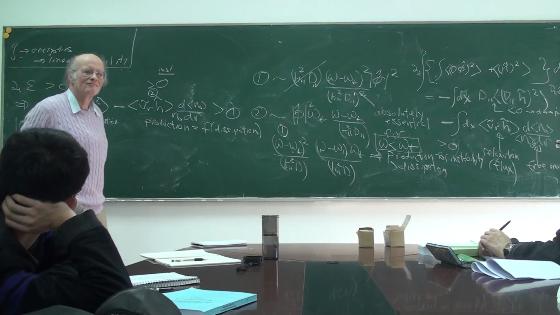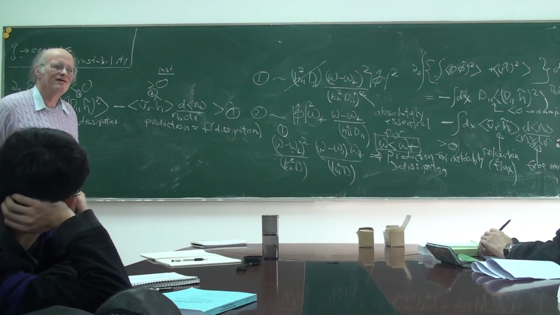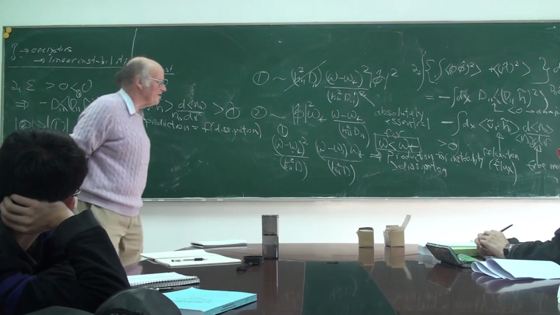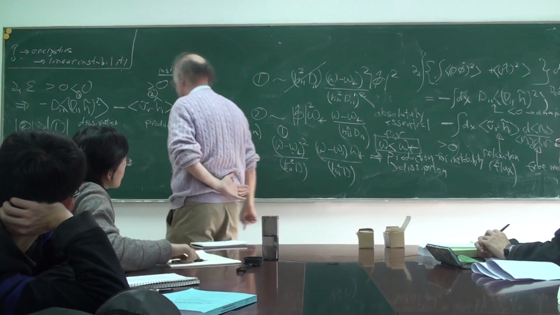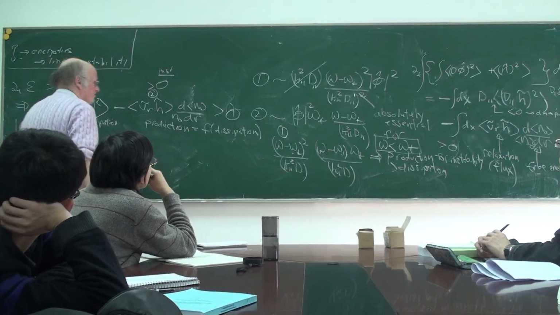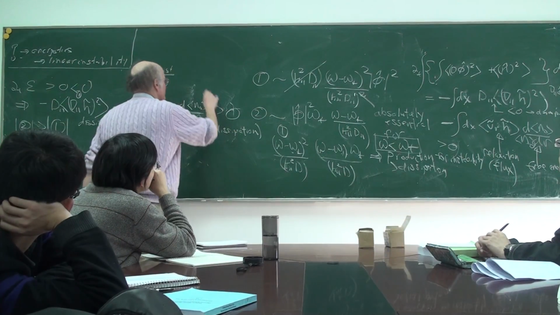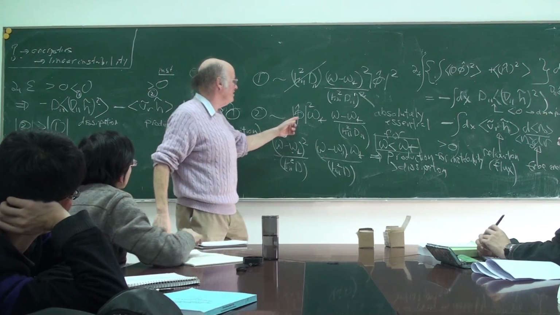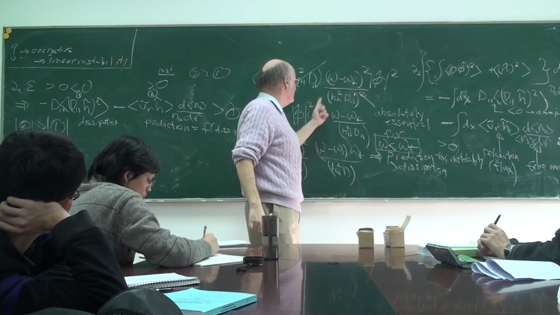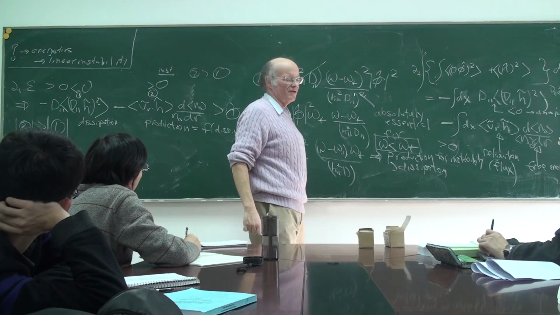Sorry, I cannot see that from here. You mean that the second term should be like? Well, I'm saying for term number two to be bigger than term number one, here you have omega star, and here you have an omega minus omega star.